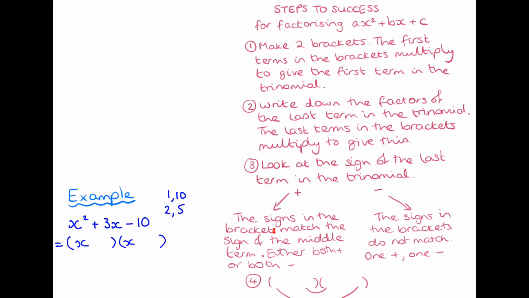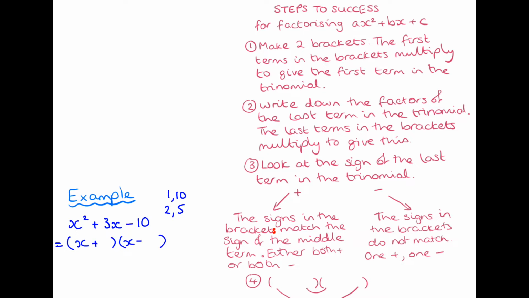Step 3, look at the sign of the last term in the trinomial. This is the last term, and it's a minus, minus 10. So we're going down this side this time. We've only gone down the other side before. So the signs in the brackets do not match. You've got 1 plus and 1 minus, so we can put them in.